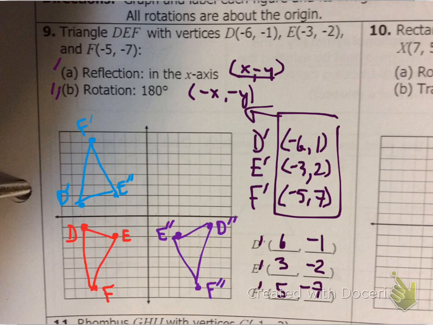Let me see if I can draw this out. It won't let me flip. Okay, I was going to try to do a flip, but I couldn't. So you can kind of see what I did was I flipped the red one onto the light blue, and then I rotated the light blue over 180 degrees to where the purple would be, and you can kind of see how that works.